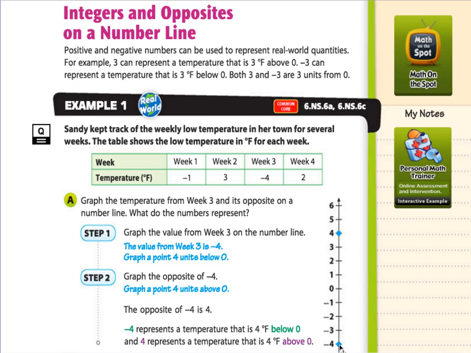So we plot that down here, and then we plot its opposite of positive 4 up here. So the negative 4 represents a temperature that is 4 below 0, and the positive 4 represents a temperature that is 4 above 0. So that just tells you that not only is the number opposite, so 4 is opposite of negative 4, but then that 4 degrees warmer than 0 is opposite of 4 degrees colder than 0.